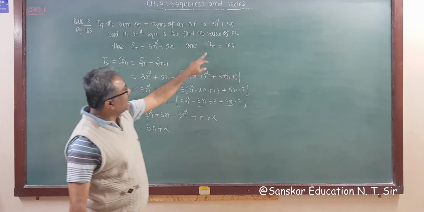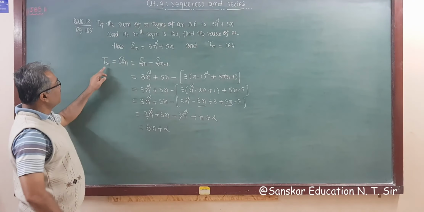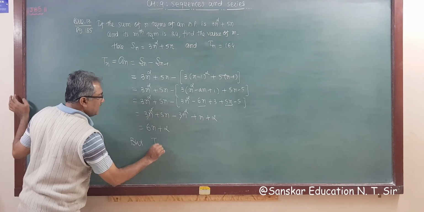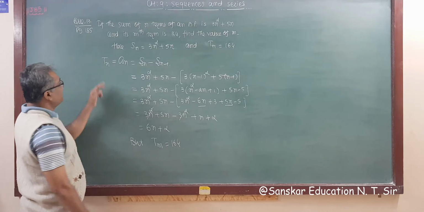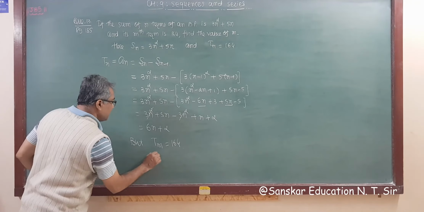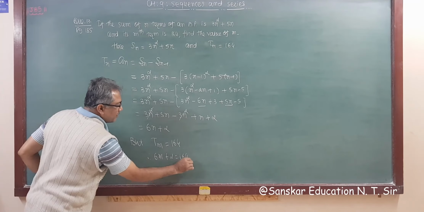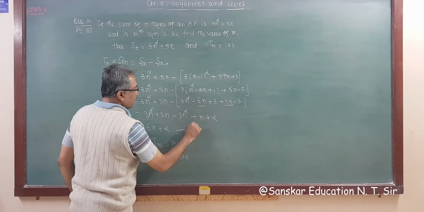Now it is given Tm is 164. So writing m instead of n, what we get? 6m plus 2 is equal to 164.